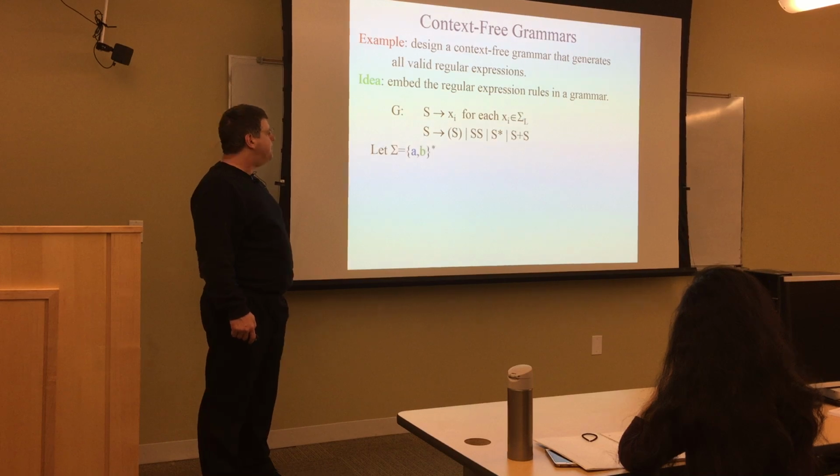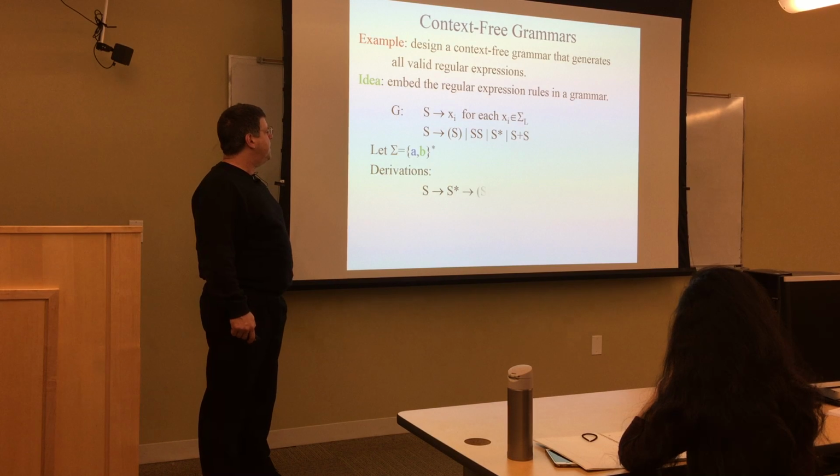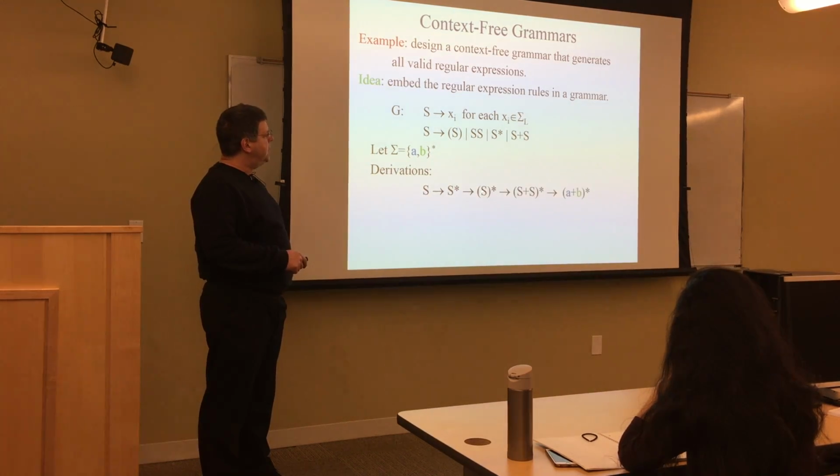So, for example, in the alphabet {a, b}, here's some derivations, right? S can go to S star, this inner S can go to parentheses, S parentheses, applying the first rule here. And then this S here can go to S plus S, applying the 4th rule there, and so on.